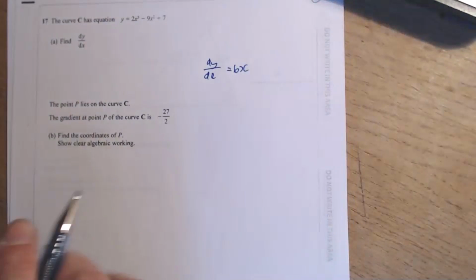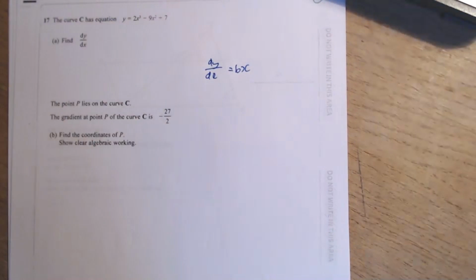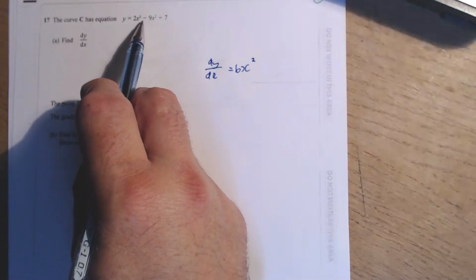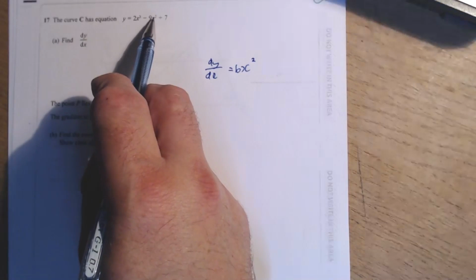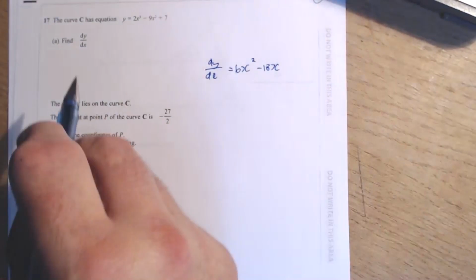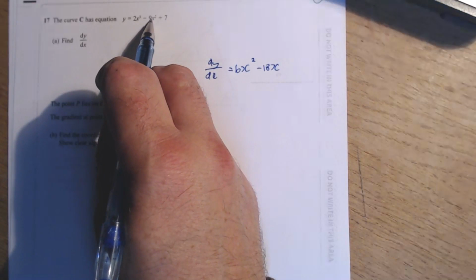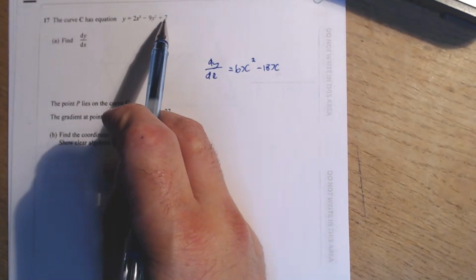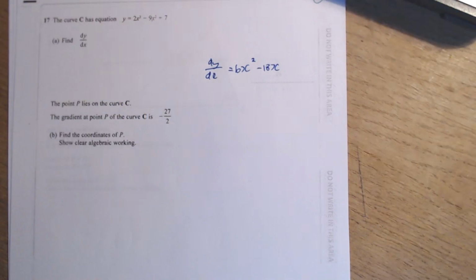That's multiplying by the current power, and then reducing the power by 1. So we get 6x squared. Same with the second term, multiplied by the current power. So 2 times the minus 9, which is minus 18x, and reduce the power by 1. So x squared becomes x to the power of 1, which is just x. Now, that's it, because the plus 7 when you differentiate disappears.